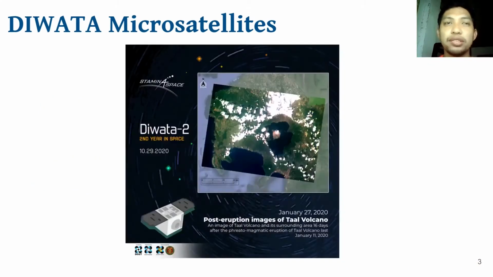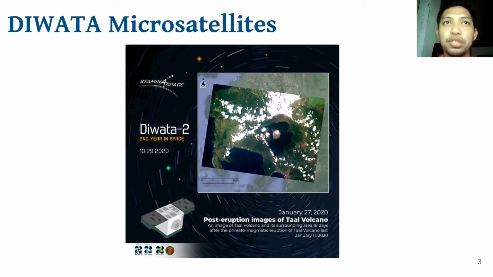DIWATA 1 was decommissioned in 2020. DIWATA 2 is still in orbit, and since last October, it has been able to capture 72,000 images and has covered 85% of the total land cover of the Philippines.